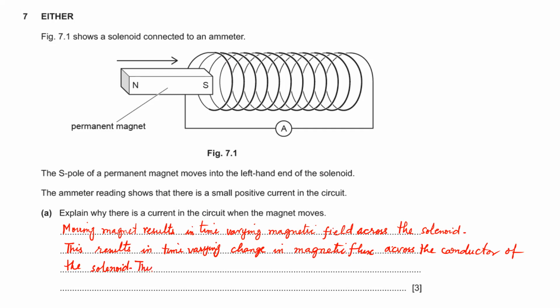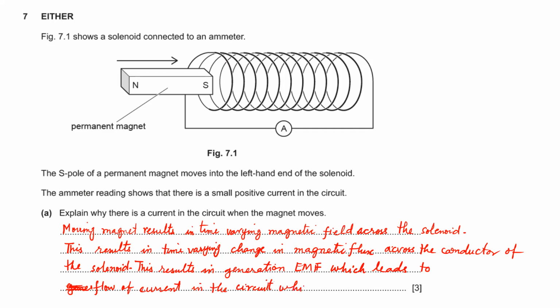This results in generation of EMF, which leads to flow of current in the circuit, which is seen or detected by the ammeter, right?